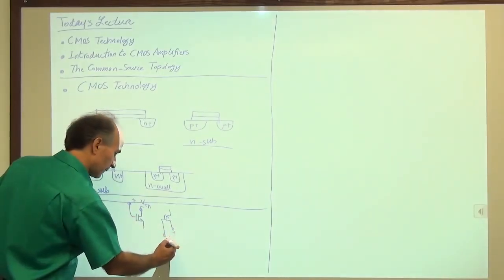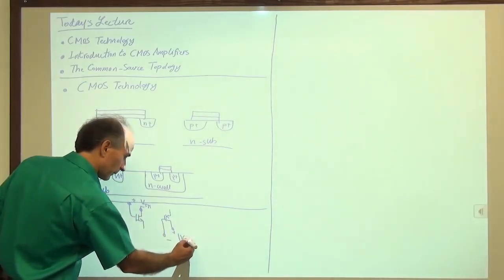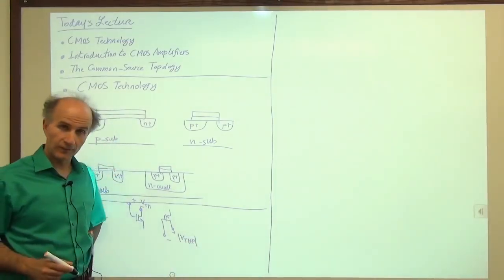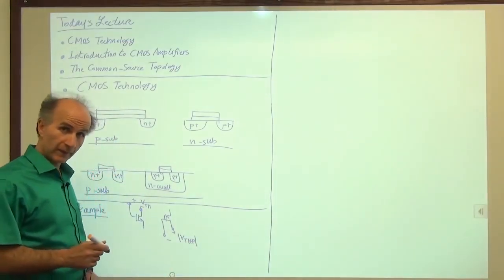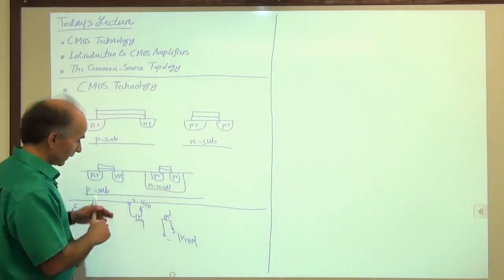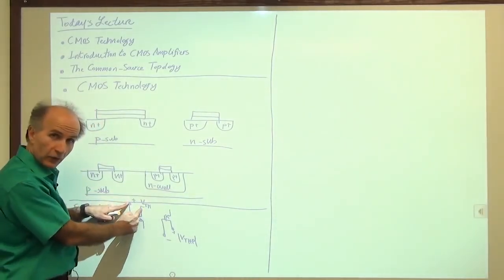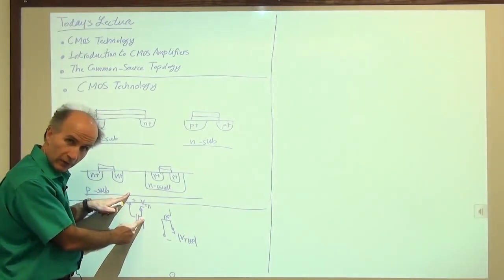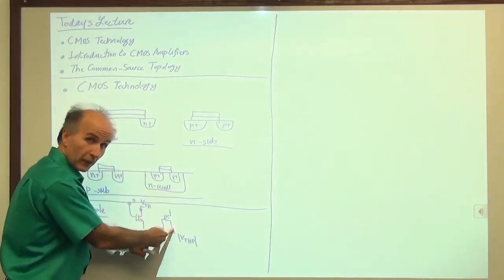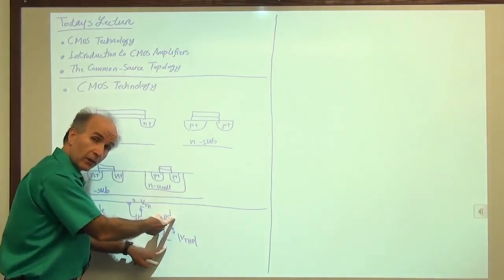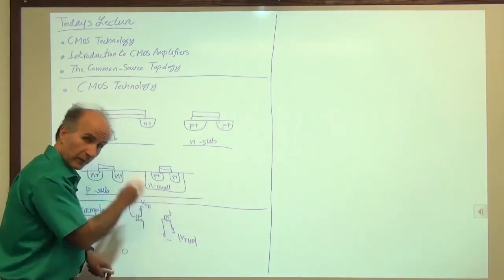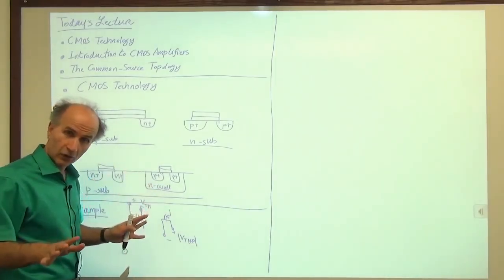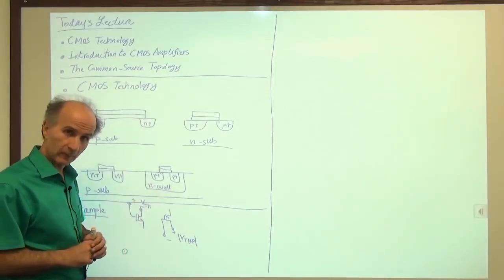If this difference is one threshold of the PMOS device, the absolute value, then we are at the edge. And we know what happens if we go one way or another. If we are here and the drain goes lower or the gate goes higher, we enter the triode region. If we are here and the drain goes up or the gate goes down, we enter the triode region. So that's what you have to remember. These two pictures will help us analyze the regions of operation of any circuit.